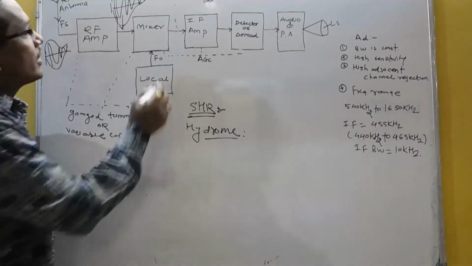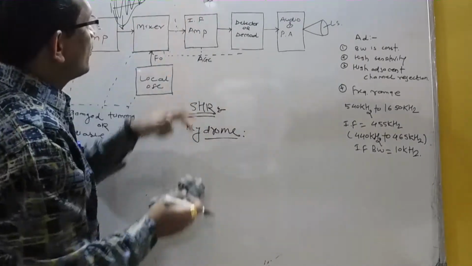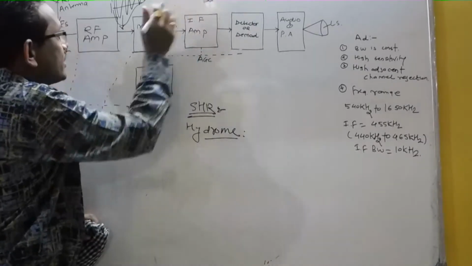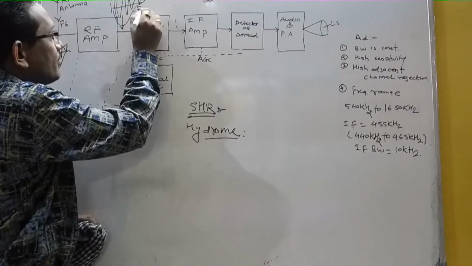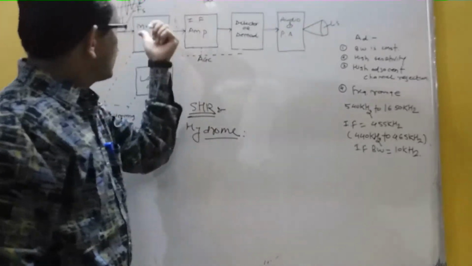In this case, the output of the mixer is the intermediate frequency. Here F0 is the local oscillator frequency and Fs is the signal frequency. So this intermediate frequency, F0 minus Fs, is always constant. This is called a mixer.